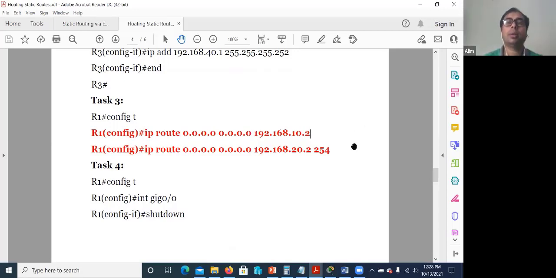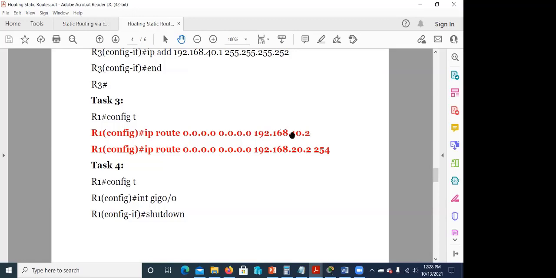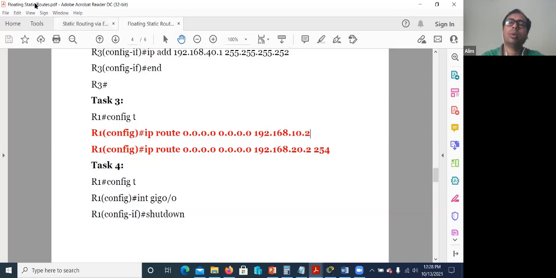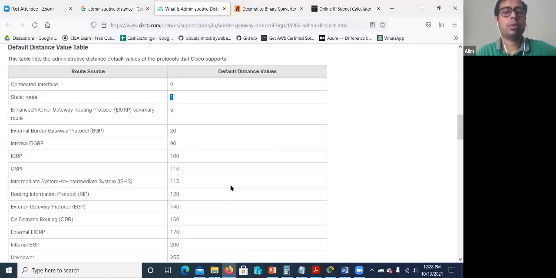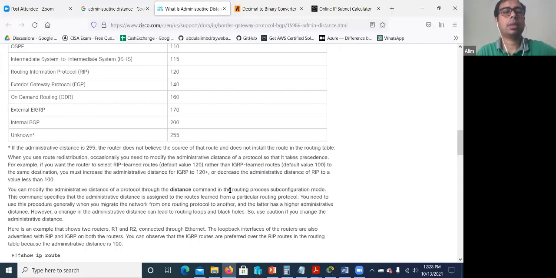If you change the primary's administrative distance to be higher than the secondary's, then the secondary will be the primary link. Oh, the maximum value. It may be 255. Yes, 255 is the maximum value.